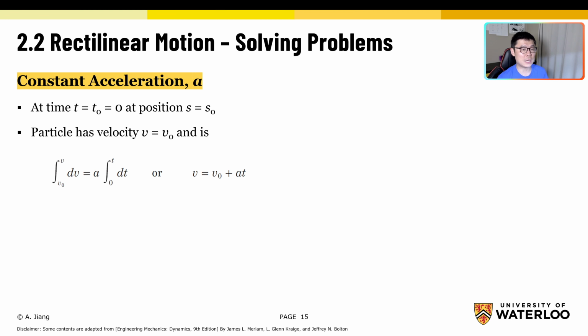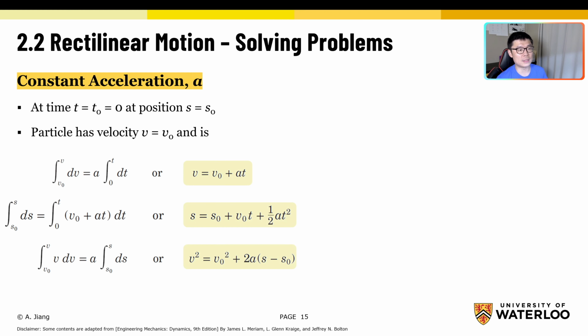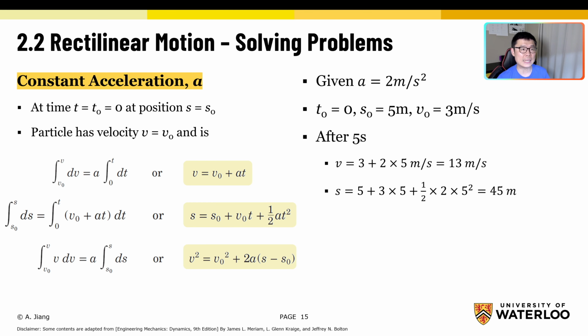In this case, if you are given a constant acceleration, you should also look for t0, s0, and v0, those initial conditions or boundary conditions. With these variables known, the generic relationship we obtained before can be simplified to deal exclusively with constant acceleration questions. For example, given a equals 2 meters per second squared, t0 is 0, s0 is 5 meters, we start at the 5 meter mark, and v0 is 3 meters per second, that's our initial velocity.